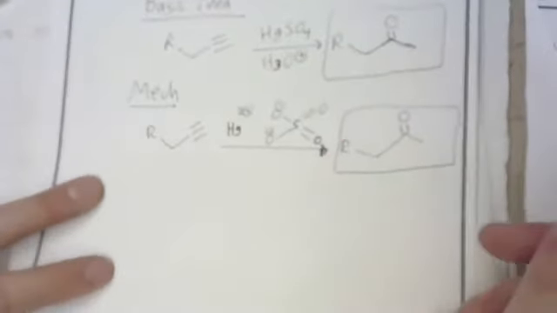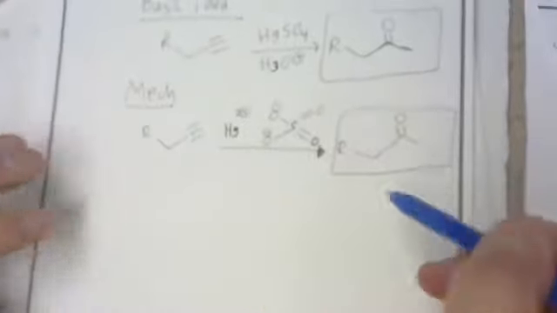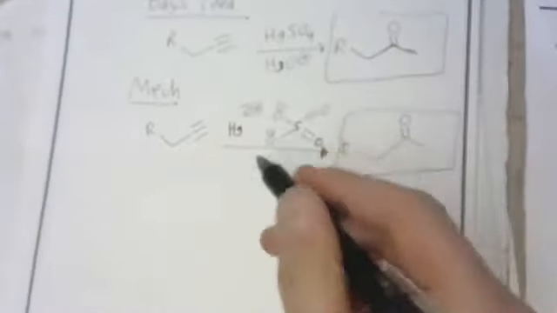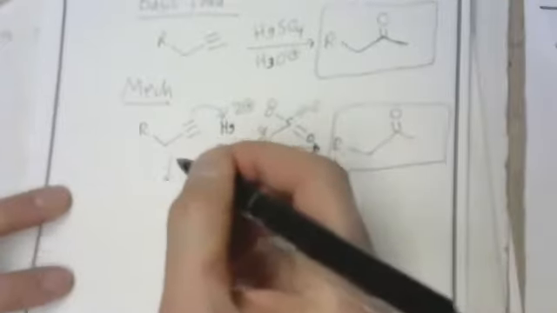Cool. Okay, so what's the mechanism? What did the alkene version of this do? The alkene would attack the mercury and make a mercuronium, right? That's 2 plus up top, sorry. Alkynes will do the same thing. So essentially the alkyne attacks the mercury and forms, what was it called? A mercuronium, right?